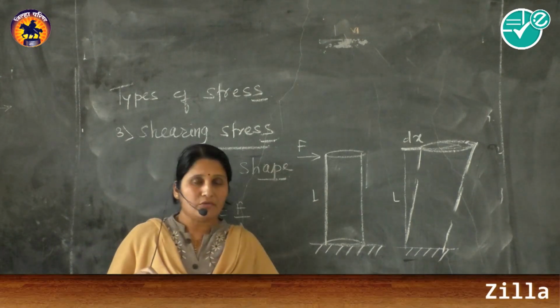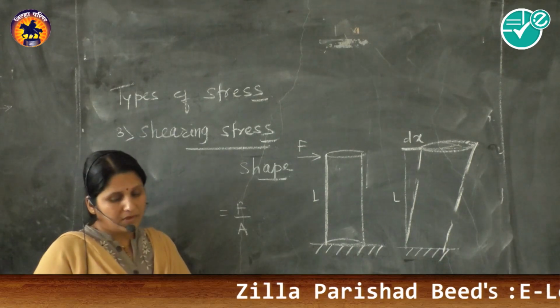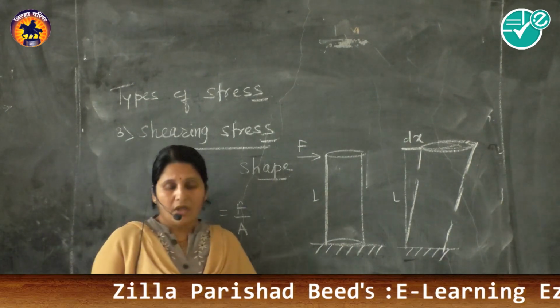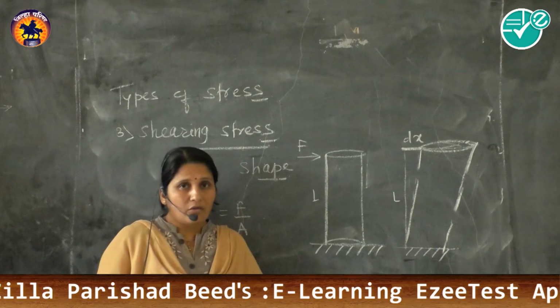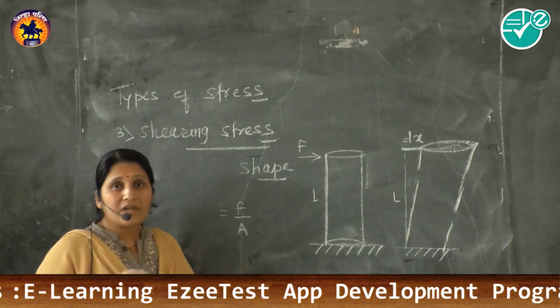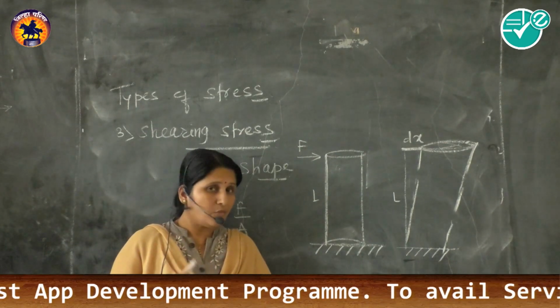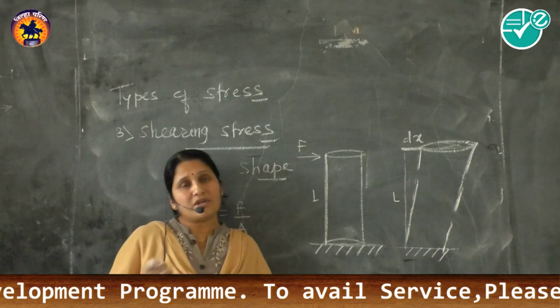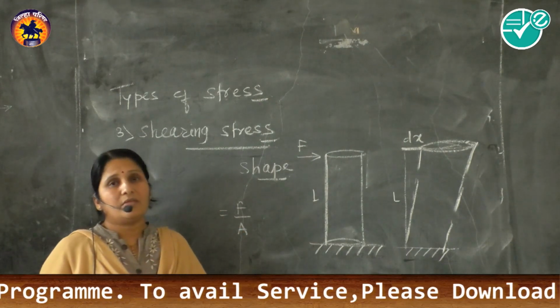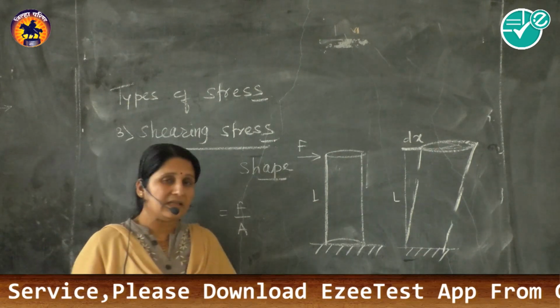So in this class we studied elasticity, plasticity, deforming force, deformation, then what is stress, what are the types of stress, etc. Finally, what is elasticity? It is the property by virtue of which a body regains its original dimensions after removal of external deforming force. And what is plasticity?